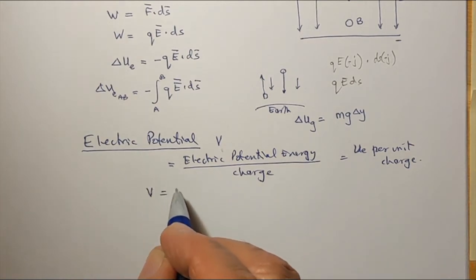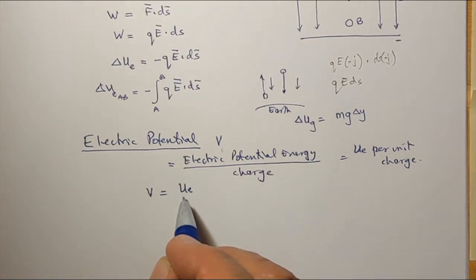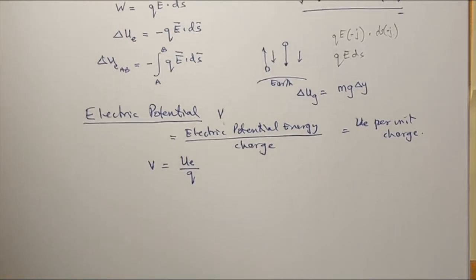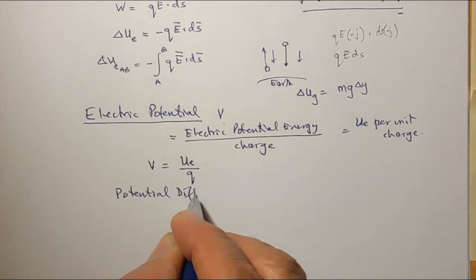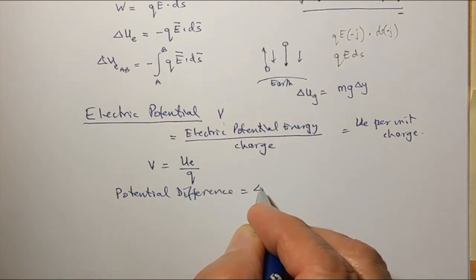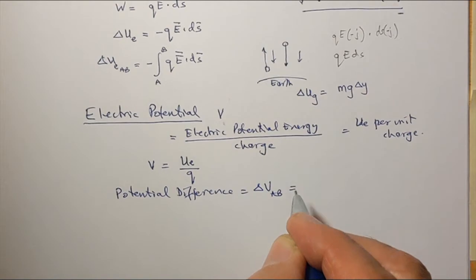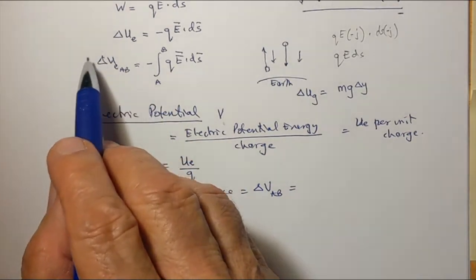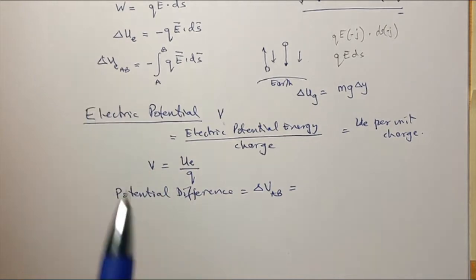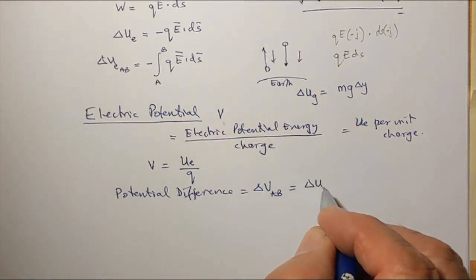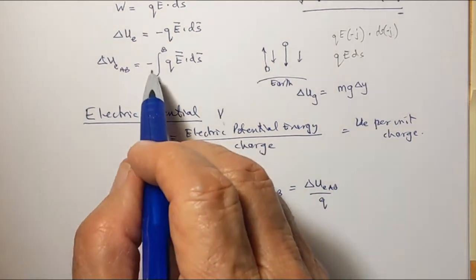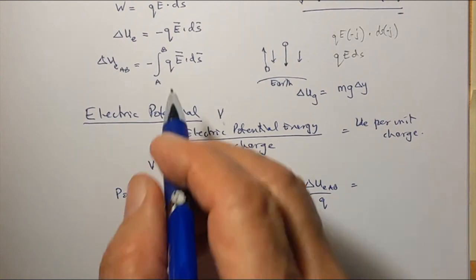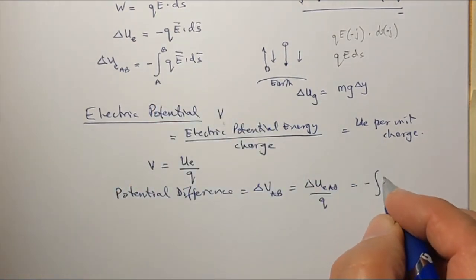And we can write the V as U_E, which is the electric potential energy, over Q. And so the difference in potential between 2 points, also called the potential difference, which is a delta V between the 2 points A, B, would be given by the difference in potential energy, delta U from A to B, over Q. If you divide that by Q, the Q's will cancel, and it will be simply minus integral of E dot ds.